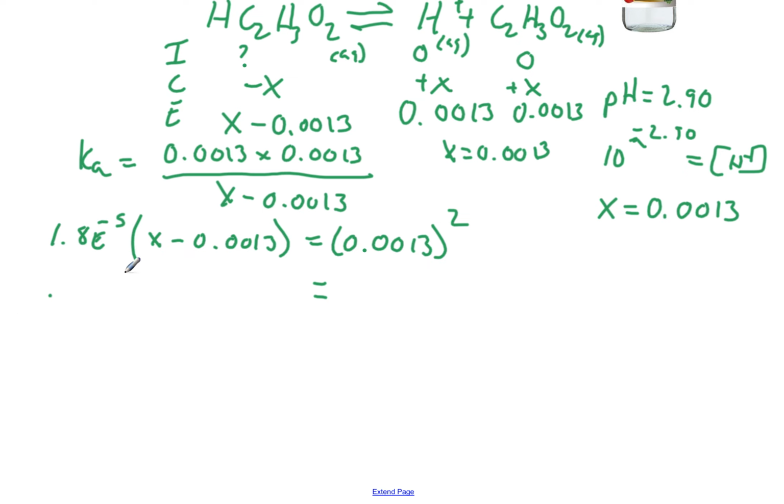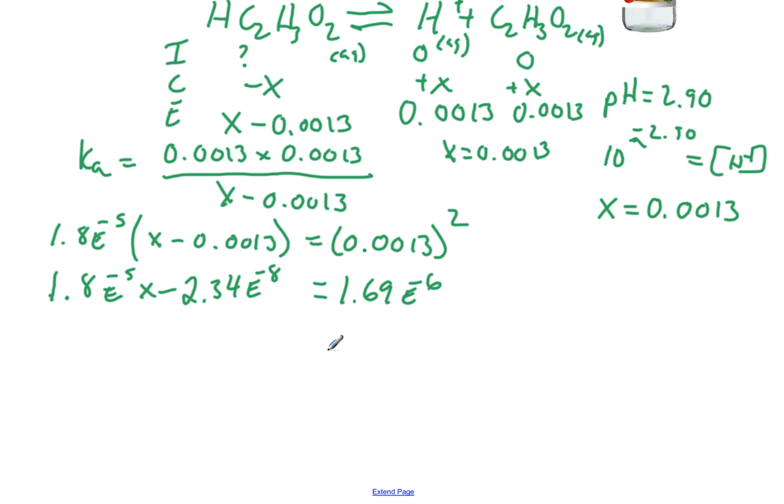I get 1.8 e to the negative fifth X minus 1.8 e to the negative fifth times 0.0013, which is 2.34 e to the negative 8, equal to 0.0013 squared, which is 1.69 e to the negative 6.